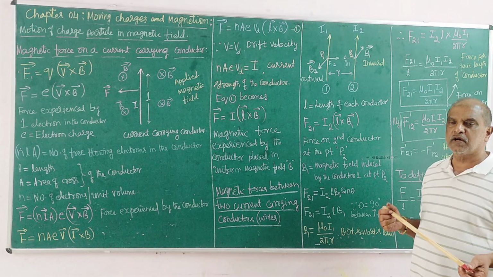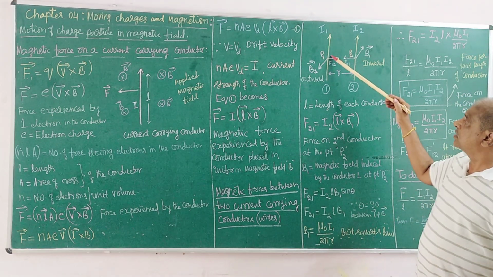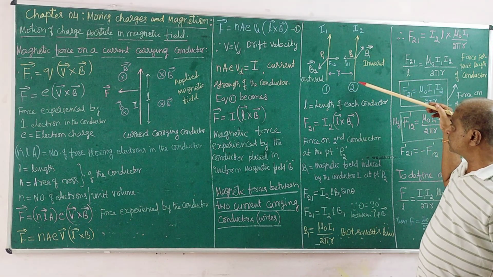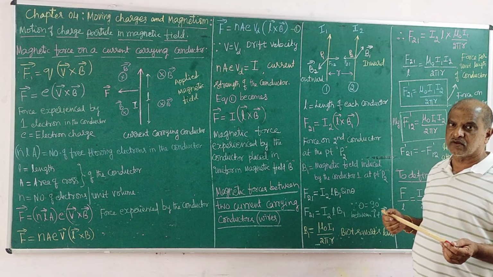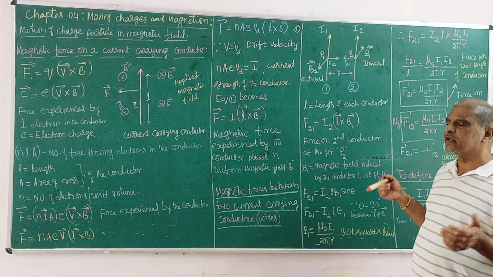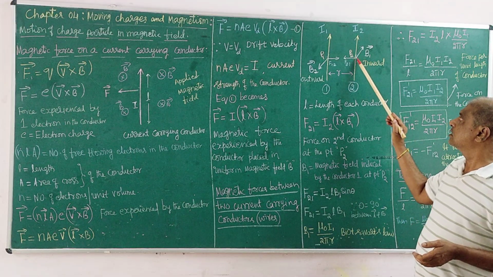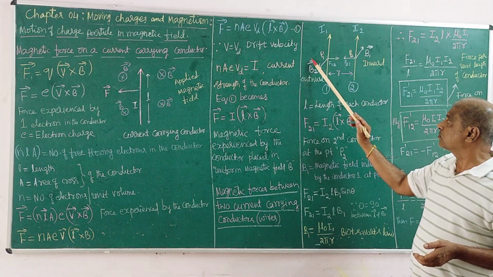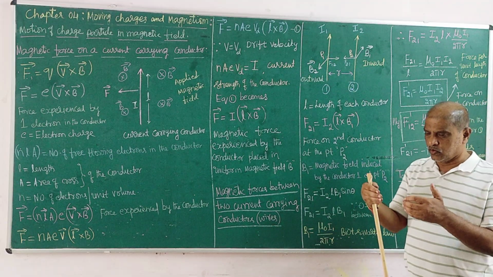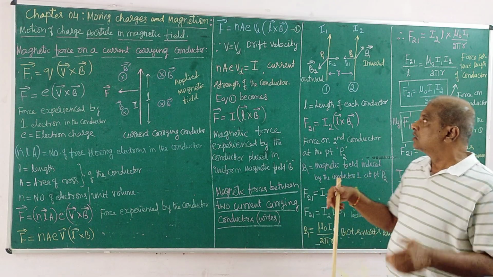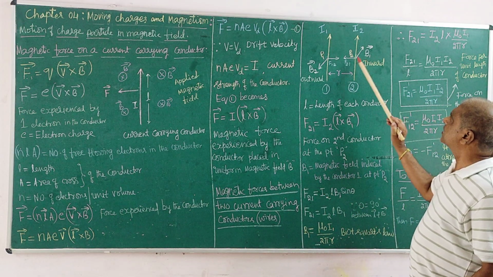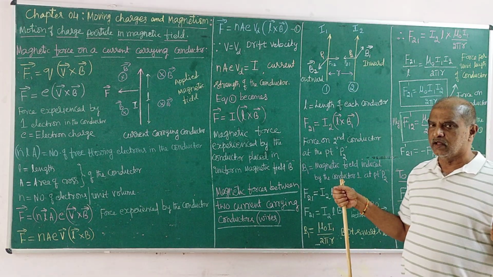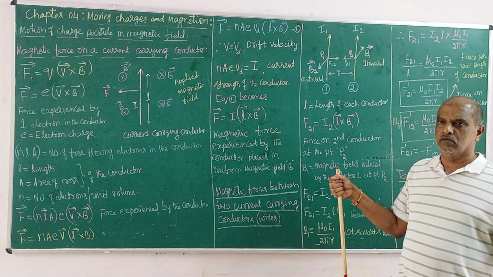Then what are the other possibilities? If the currents are in opposite directions, if the current in this conductor is in this direction and the current in the other is in the opposite direction, what would the directions of the forces be? From the same derivation, the directions are like this: this one towards this side and this one in this direction, which means they are in opposite directions. So these two conductors are getting separated, repelled with a force.